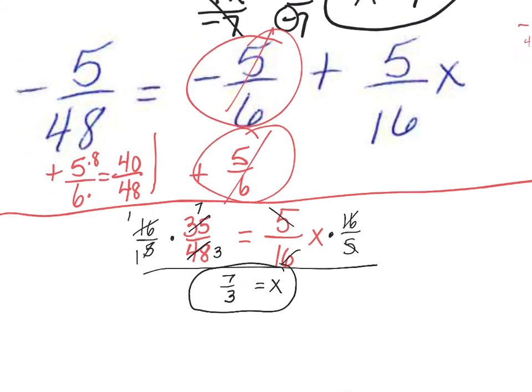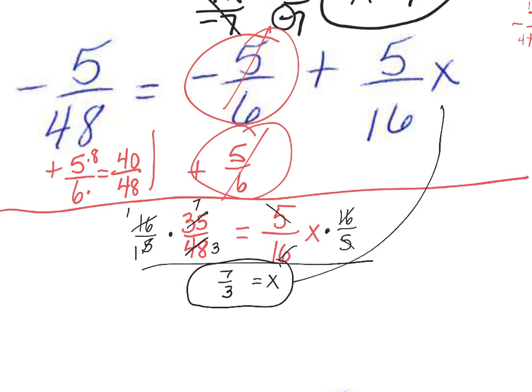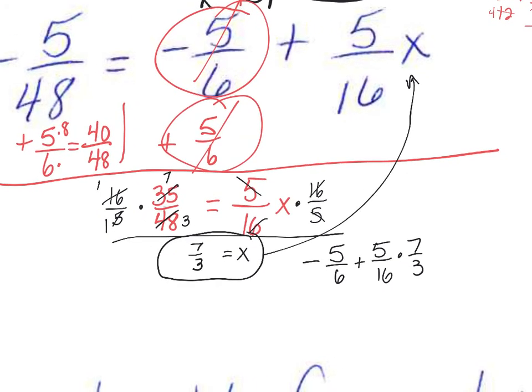Okay? So let's check it right back up in there. We're going to take negative 5/6 plus 5 over 16 times 7/3. I want it to equal negative 5 over 48, okay? Does anything cancel here? No, so go straight across the numerators.